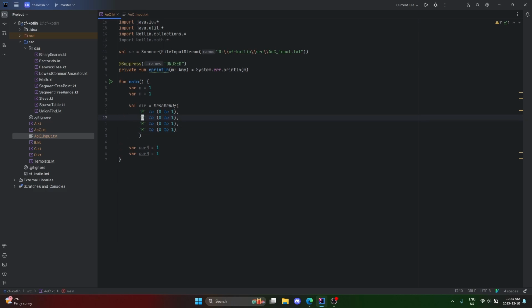So if it's down, just do 1, 2, 0. Then this is -1. I have to look up directions.